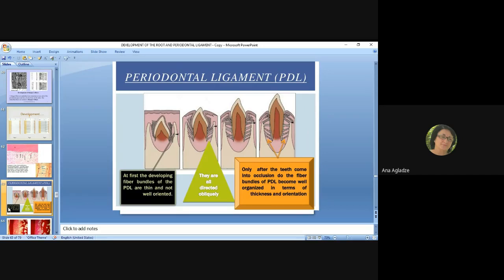Also, the periodontal ligament contains osteoclasts, which develop from hematopoietic stem cells in bone marrow. Their shape is amoeboid and amorphous, and their polynuclear character makes them clearly identifiable.